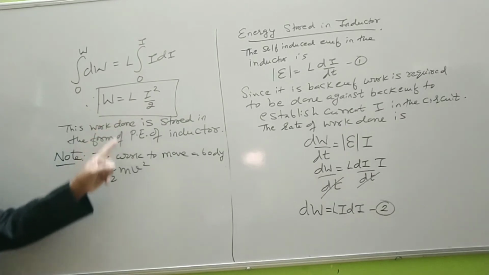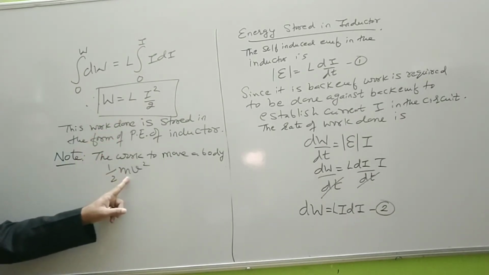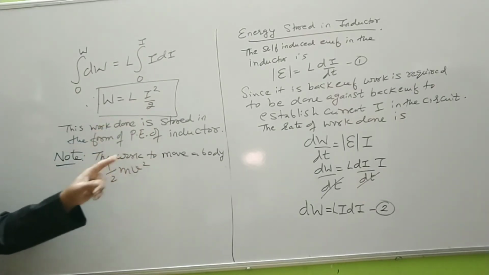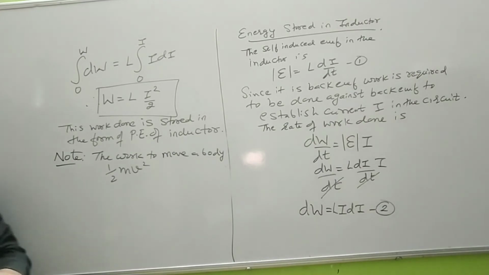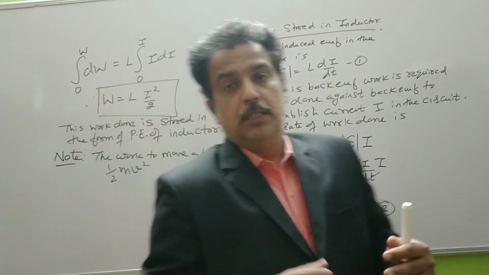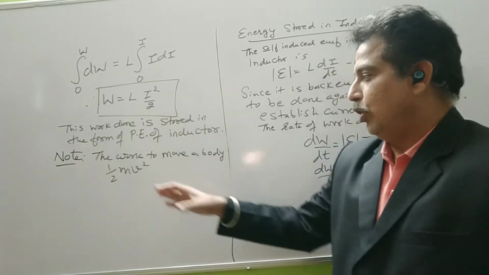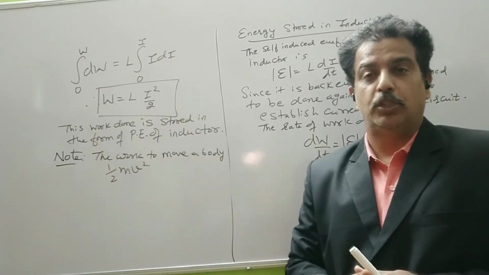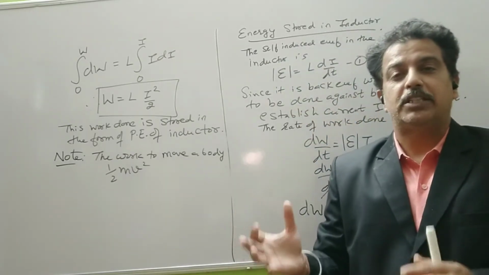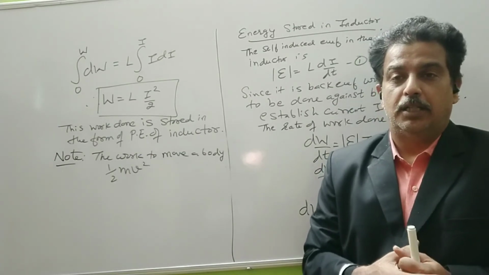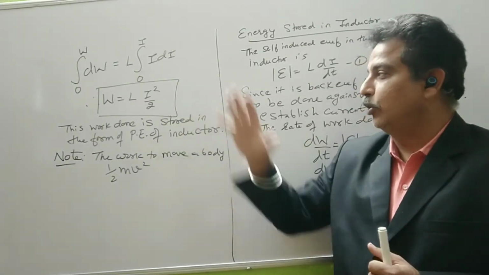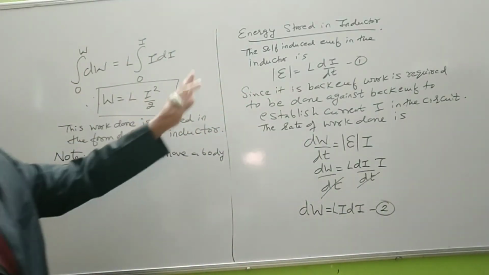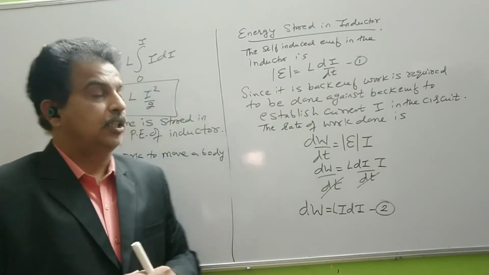So we can easily compare: whatever role is played by m in mechanics, that role is played by L, and the role of velocity v is played by current I. Here in place of the motion of a body, we have the motion of charge, or the current, which is required to be established in the coil. So this much amount of work will be done, and this work done is stored and is called energy stored in the inductor.